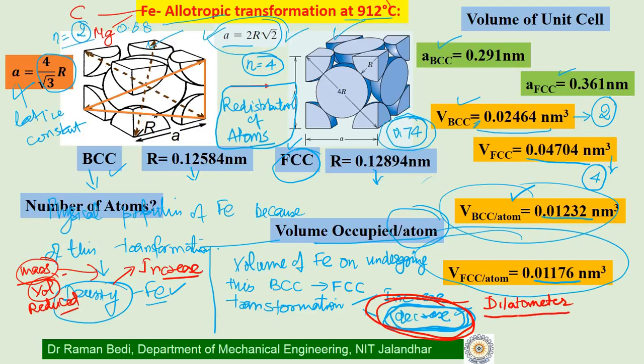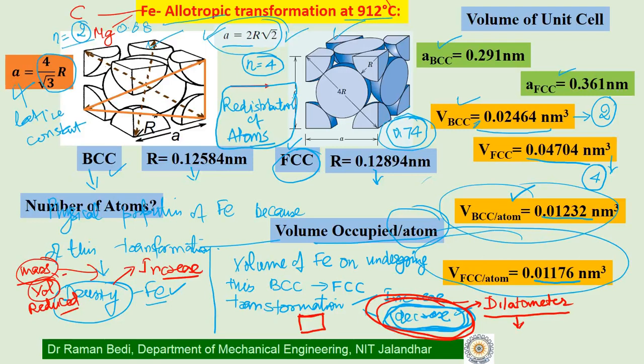This dilatometer measures dilatation, and dilatation is change in volume. We take a sample which has a measured volume, put it into a dilatometer, and start heating it. Once this transformation starts happening, you will find a decrease in volume.